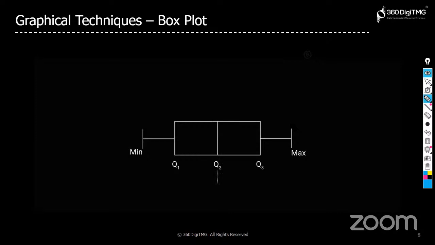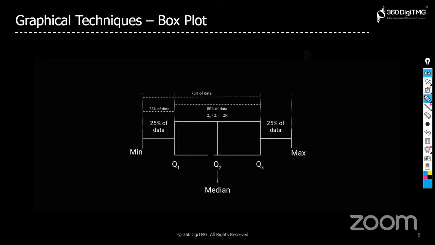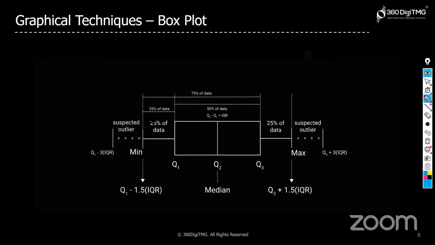When we look at this box plot, we have the minimum, the first quartile, also called the lower quartile, the second quartile, the median, and the third quartile, which is the upper quartile. Here we have seen 25%, 50% and 75% of data. Values less than Q1 minus 1.5 into IQR, and greater than Q3 plus 1.5 into IQR, are suspected outliers.